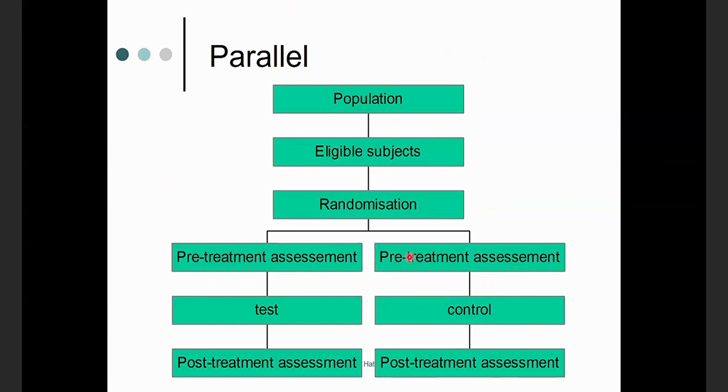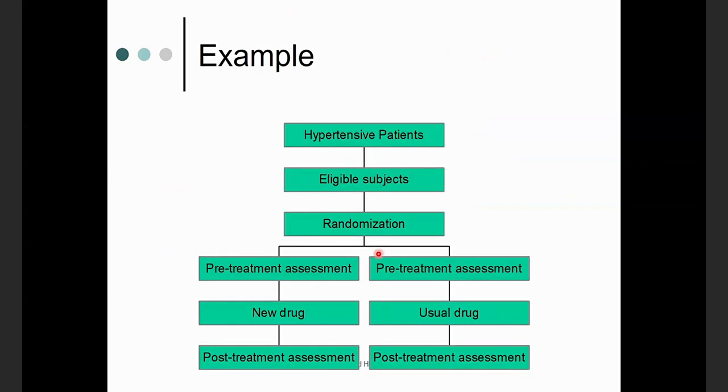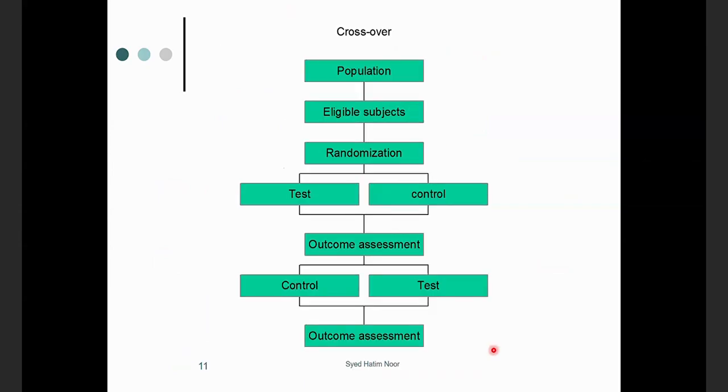So that is parallel. In this example, one group receives the new drug, another group uses the usual drug. That is parallel. The parallel is actually the classical design of RCT.